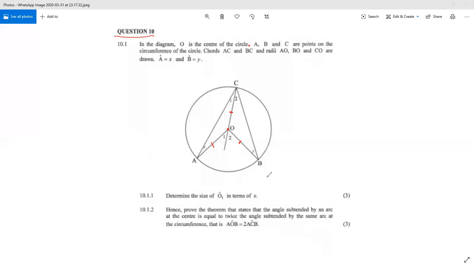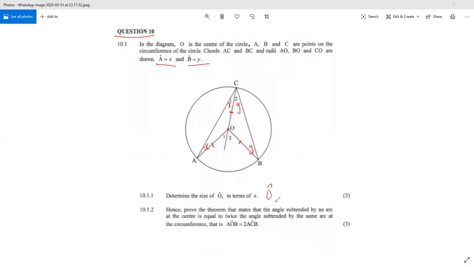So yes, find the size of O1 in terms of x. This thing here is x, and this thing here is y. We were told angle A is x and angle B is y, and it is already there in the diagram. Now, because of the radii, I know C1 is x, and I know that C2 is y. That is information I can put in because I've got isosceles triangles.